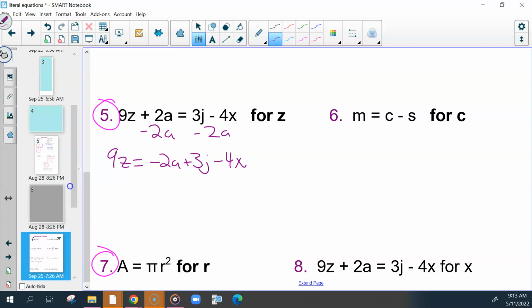And in this case, you could either divide them separately, only one thing would really simplify, or divide it all together. So let's say I divided it all together. It would be z equals negative 2a plus 3j minus 4x all over 9.